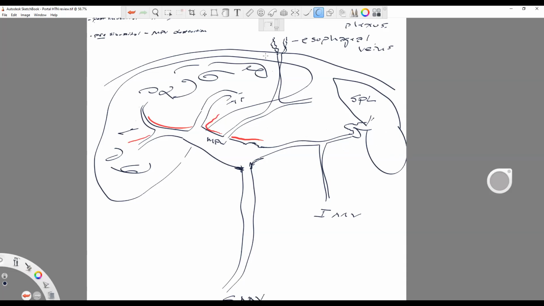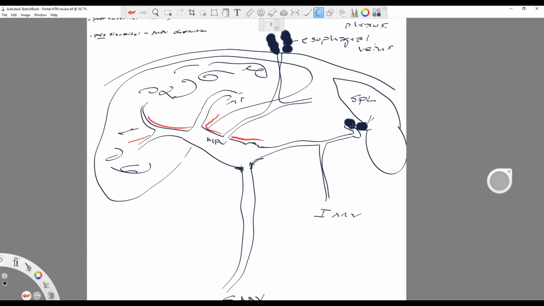Let's see, what else? Hidden to us, let's just start painting in. Hidden to us, because we really can't see the esophagus all that well. Perhaps the esophageal veins are getting larger.